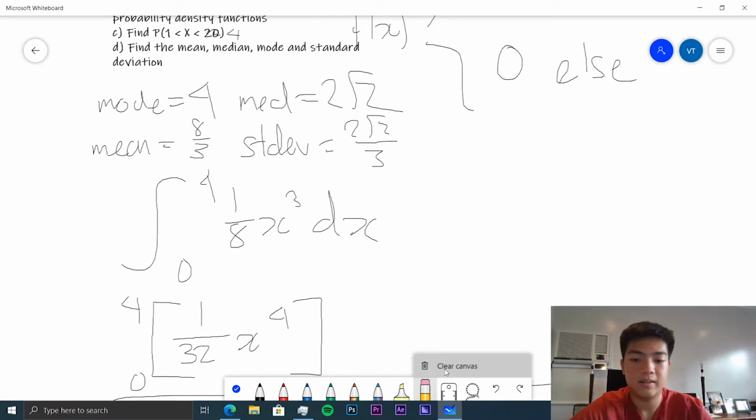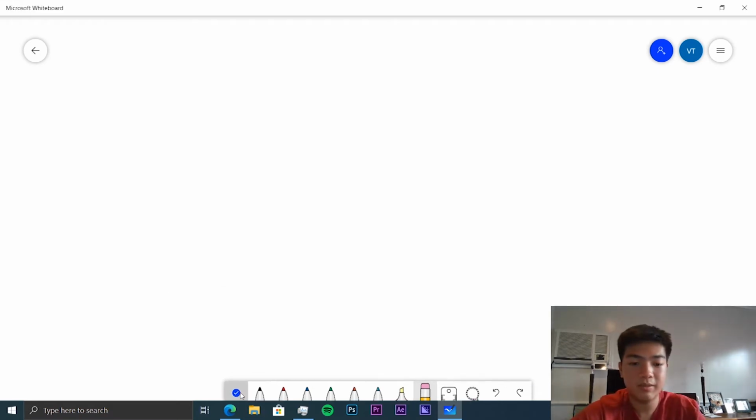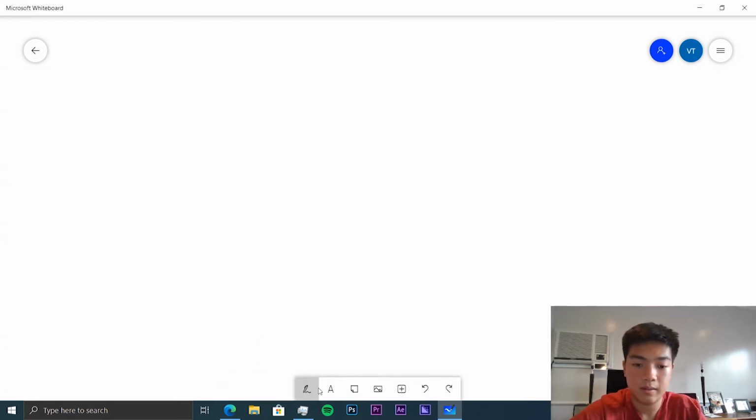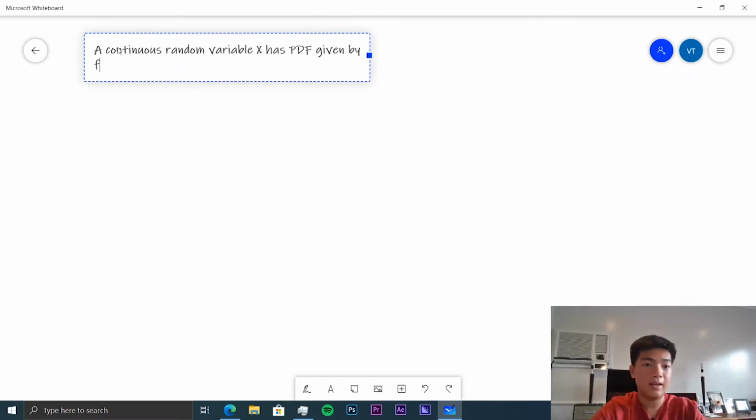Okay, and then on to the next one. We have a continuous random variable x that has probability distribution function given by, I'll write it out. So first find the probability that pi over 12 is less than x is less than pi over 6.